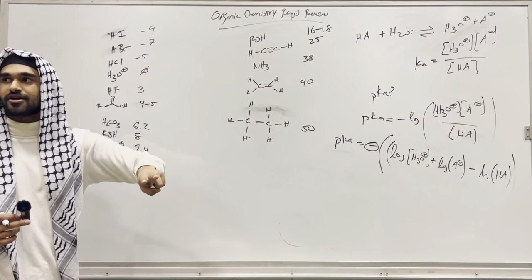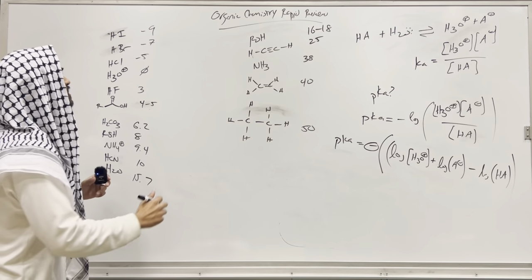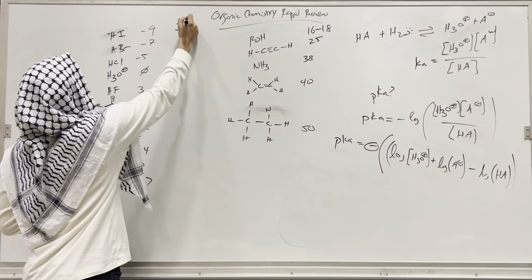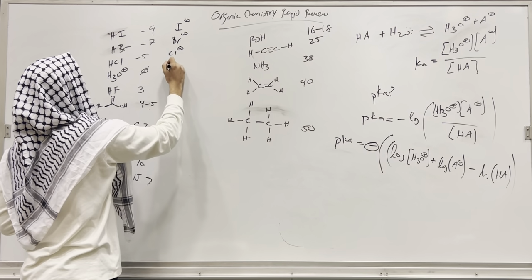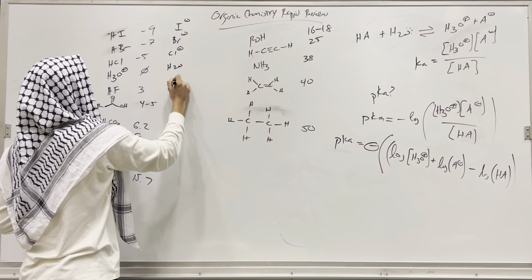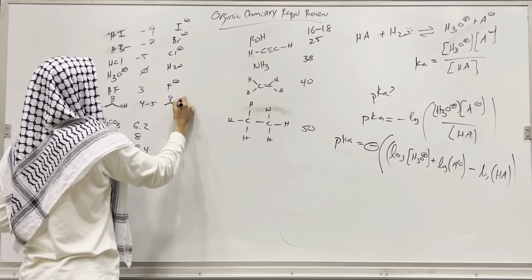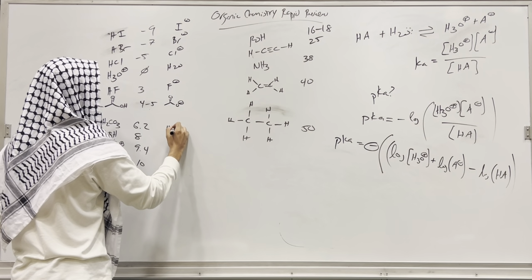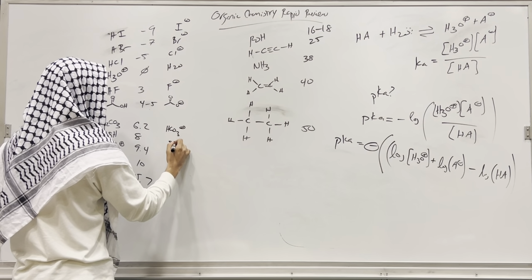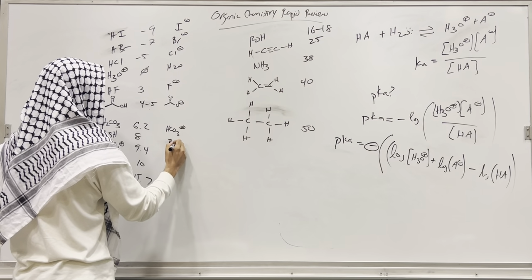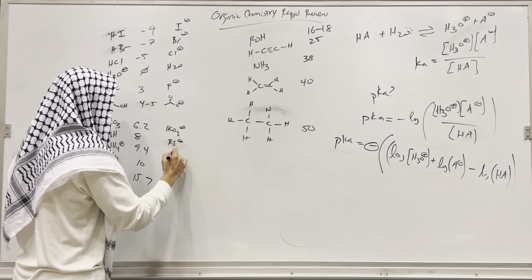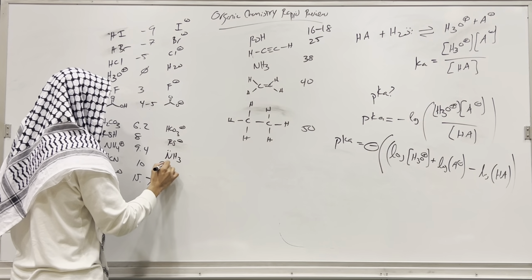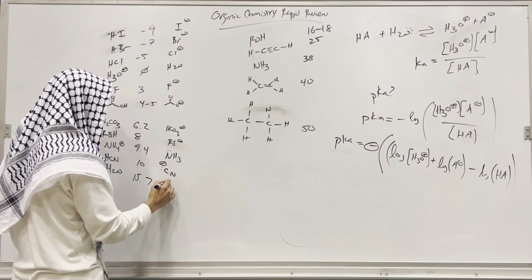And a stronger acid has a weaker or more stable base, otherwise known as a conjugate base. So the most stable conjugate base we have is I minus, then Br minus, then Cl minus, then H2O, then F minus, then a carboxylate, hello old friend, then bicarb, then RS minus. NH3, CN minus, OH minus.